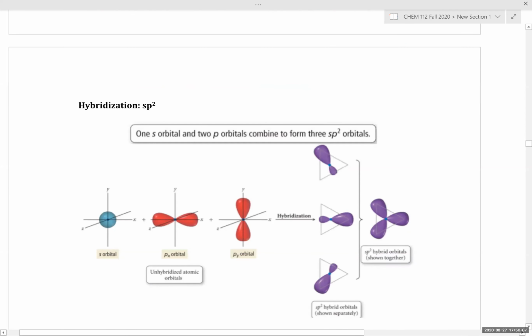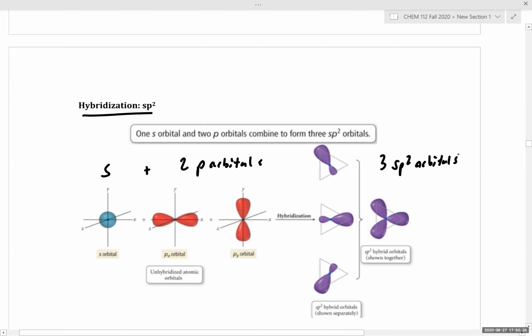Let's look now at the sp2 hybridization. As its name implies, we combine an s orbital and 2 p orbitals. That in turn gives us 3 sp2 orbitals.